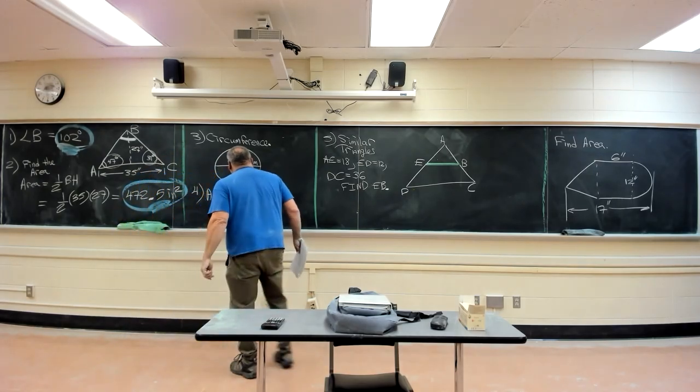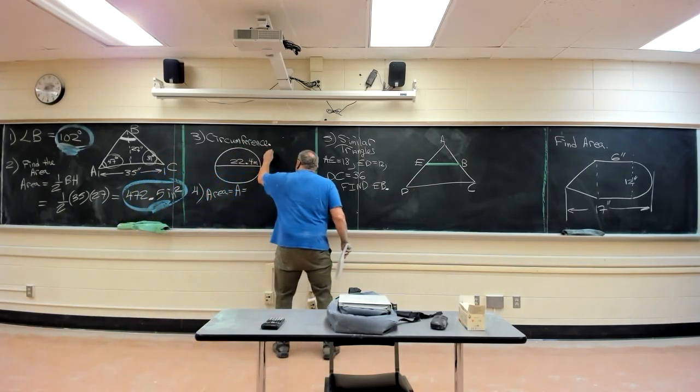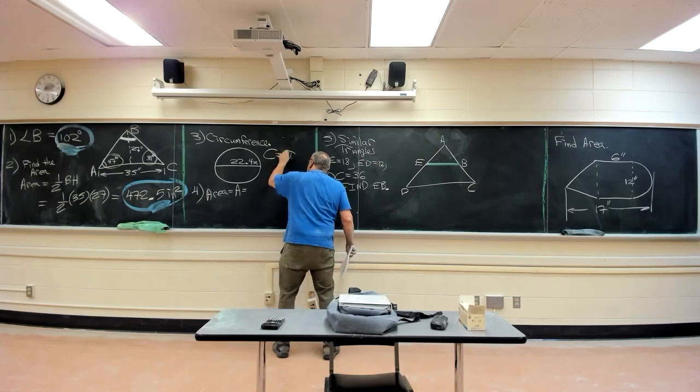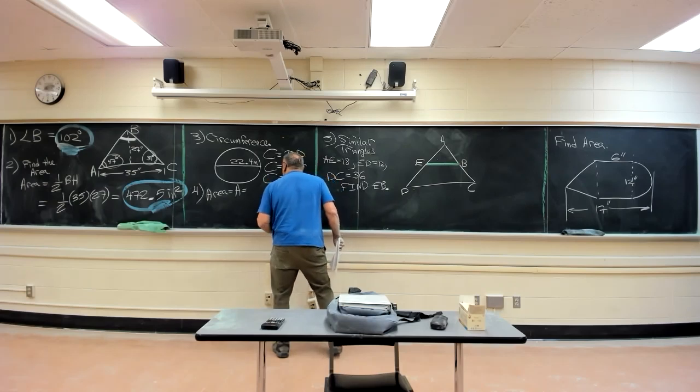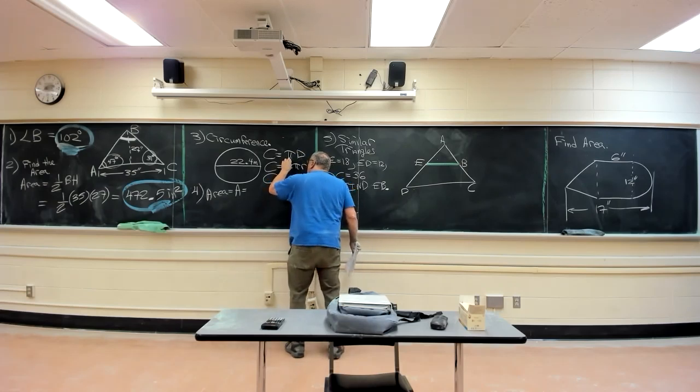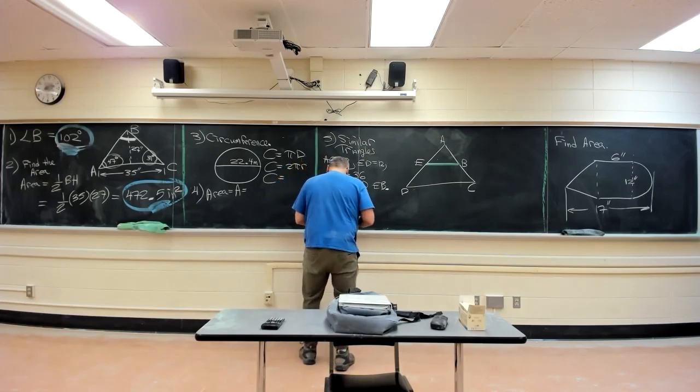3, the circumference is pi times the diameter, or 2 pi r. 2 times the radius is the diameter, then multiply by pi. Go either one. Pi is 3.1415926 times 22.4. In this particular instance, they're saying round to hundredths.